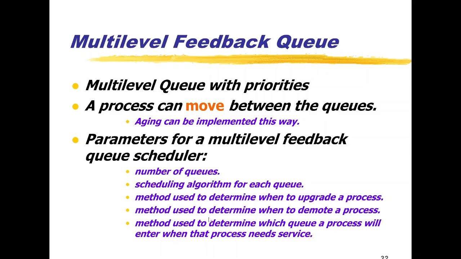Then another thing is the method used to determine when to demote a process. For example, if a process is spending so much time with the CPU, it can be demoted. We have different types of processes. Remember, we have CPU-bound processes and I/O-bound processes. A CPU-bound process spends more time in the CPU, whereas an I/O-bound process spends less time using the CPU.